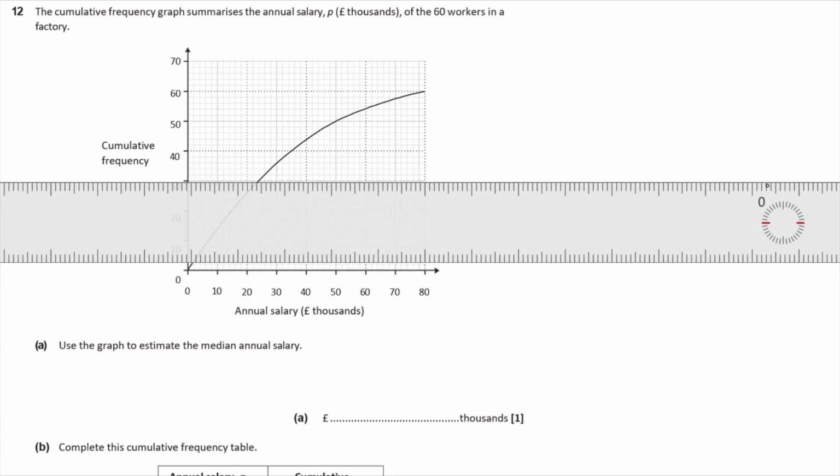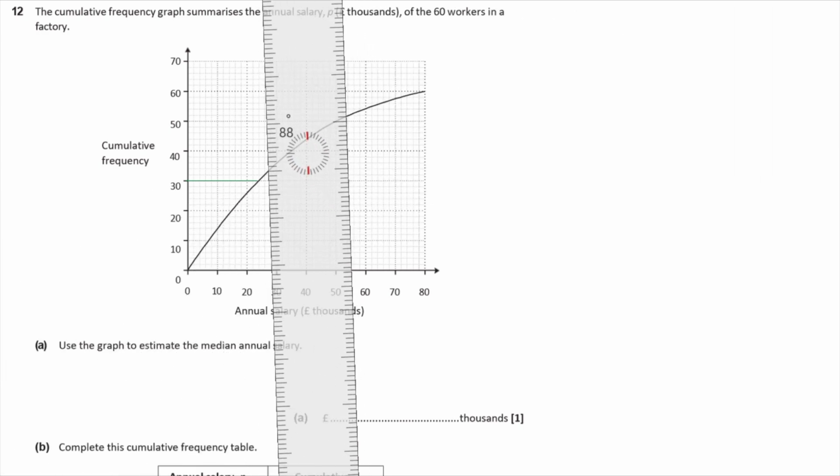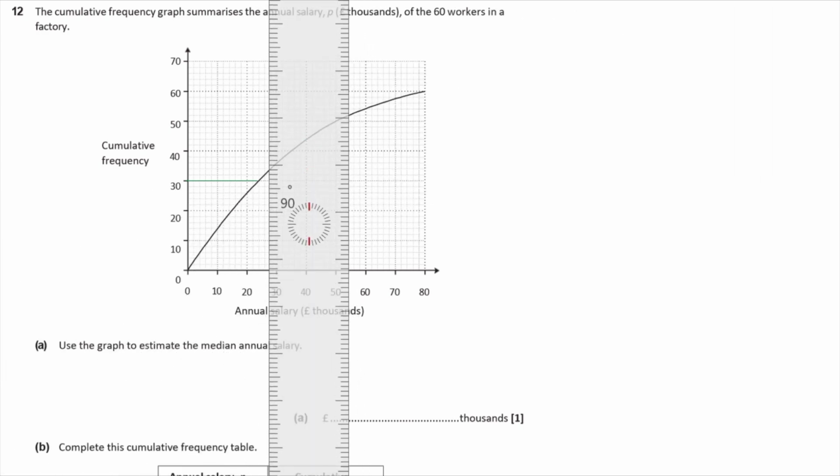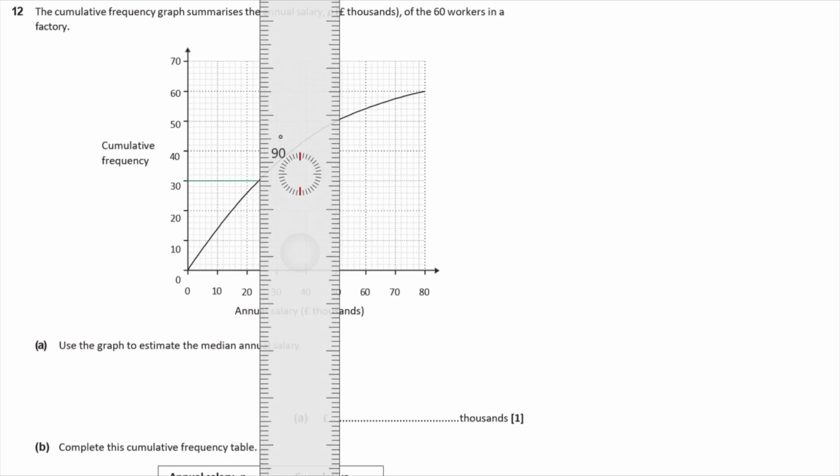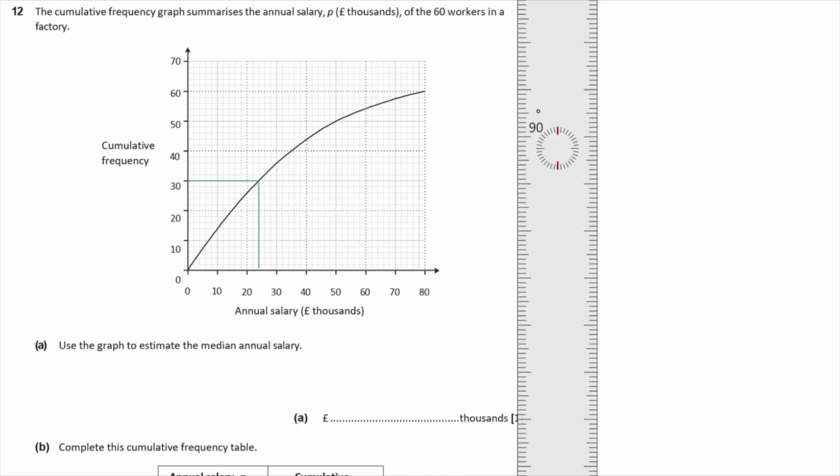So I'm just going to look across from 30. So from 30, read across to the graph. When I hit the graph, I'm going to change direction and look down, see where we end up. We end up there, which is 2 squares out of 5 squares between 20 and 30.